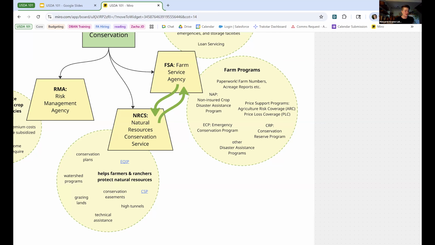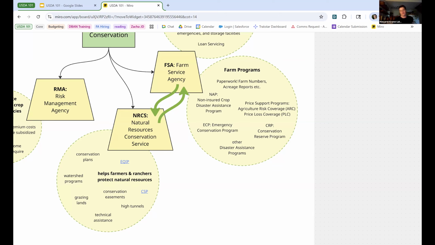Some examples of that are you go to FSA to apply for a farm number. Part of that process means filling out the 26 form for saying that you're not farming on wetlands or highly erodible land, and that form has to go to NRCS and come back.